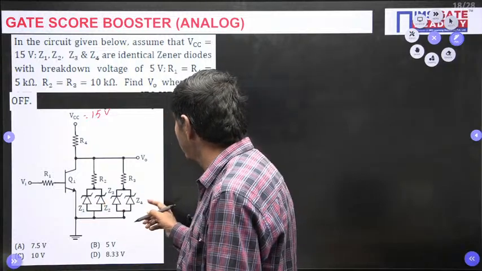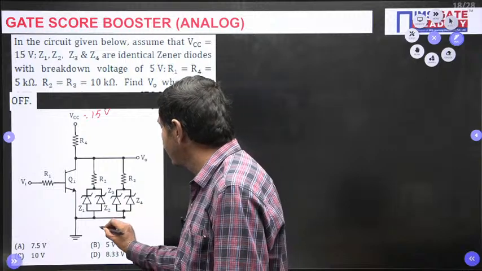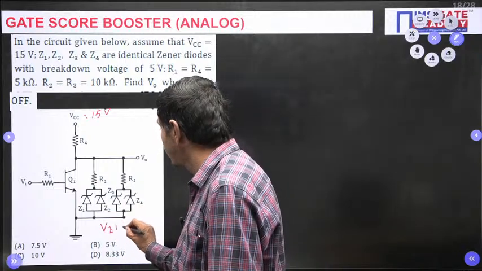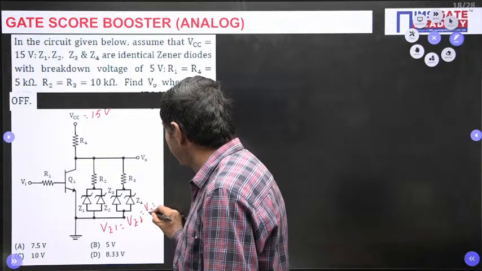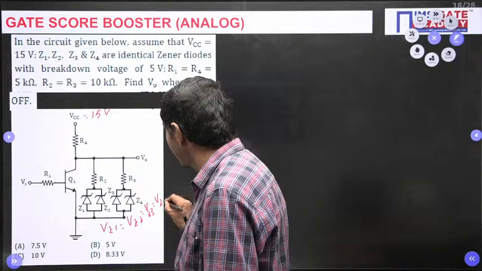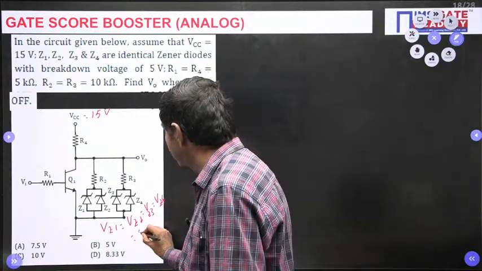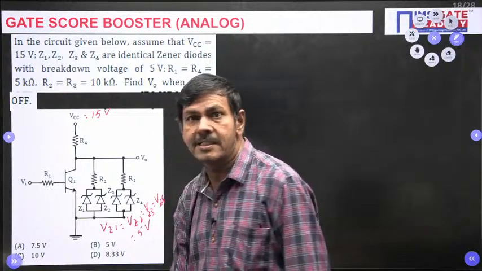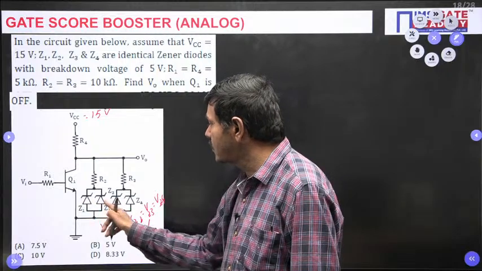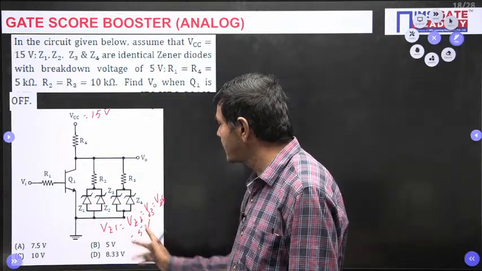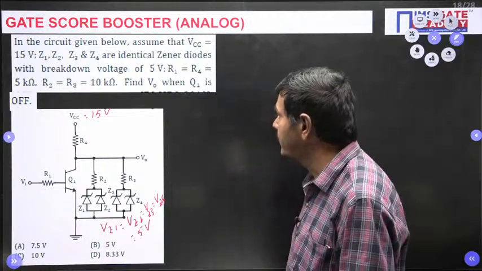All the Zener diodes have the same voltage: VZ1 equals VZ2 equals VZ3 equals VZ4 equals 5 volts. The voltage drop across each Zener diode is 5 volts. They are connected in parallel, these two are in parallel, these two are in parallel, so the same 5 volts is maintained here. Understand?